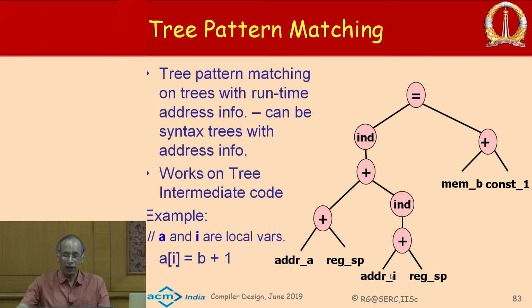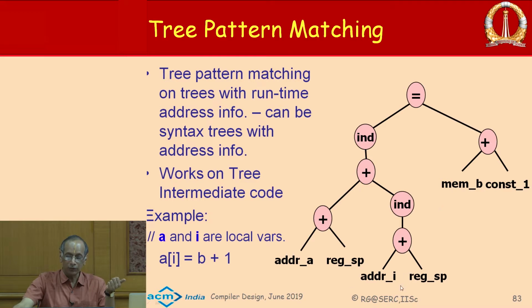So, here I do not need the absolute address of I, whereas here I need the absolute address of B if I want to load it, correct. Whether I use the memory or I move the contents to a register, for me to access B, I need the address of B, and here the address of B can only be specified as an absolute quantity, 32 bit number or higher.